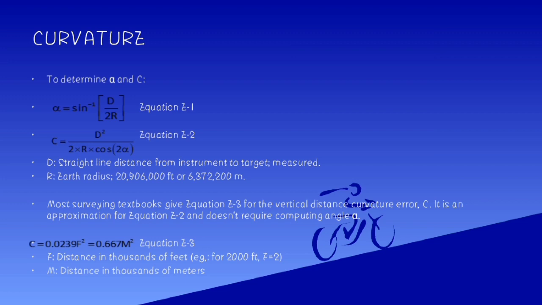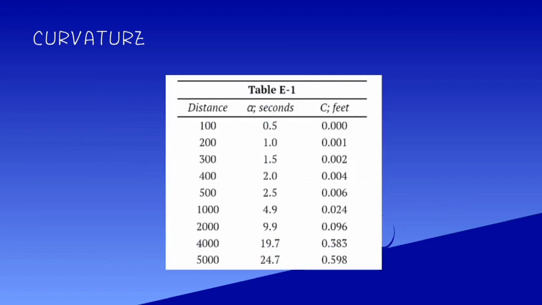How significant are the curvature angle and the vertical errors? Well, this table shows the results of equations 1 and 2 at increasing distances. As you can see, the distance is increasing from 100 to 5,000.